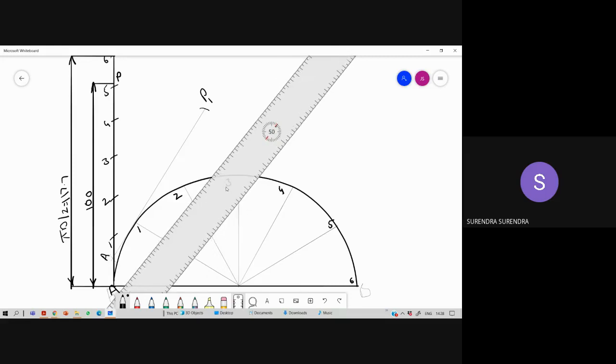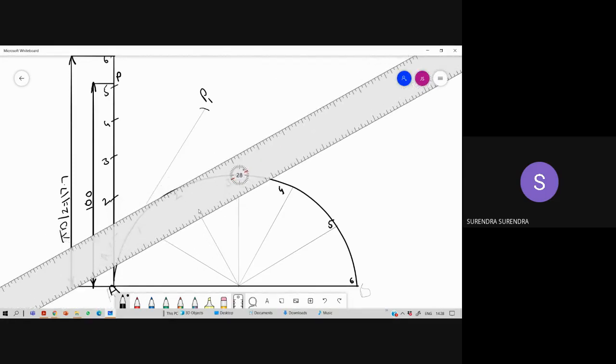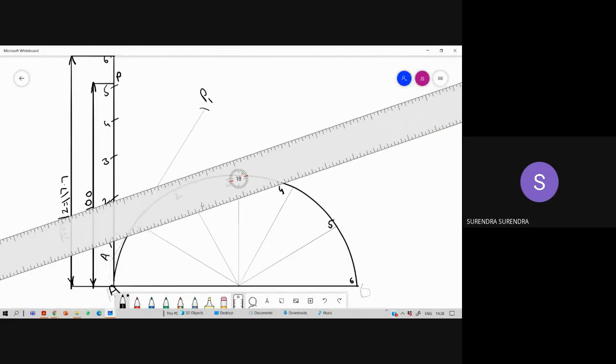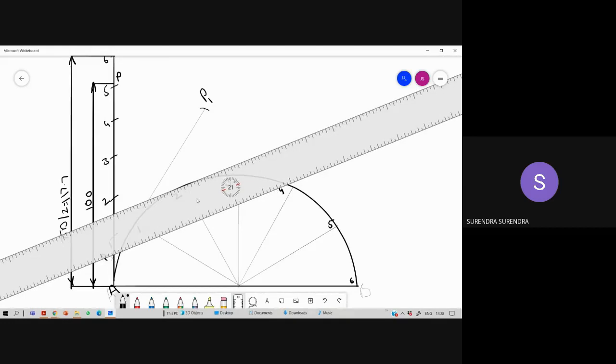So similar to the next tangent, draw a tangent at 2. So tangent must always be with 2H pencil. Draw a tangent passing through 2.